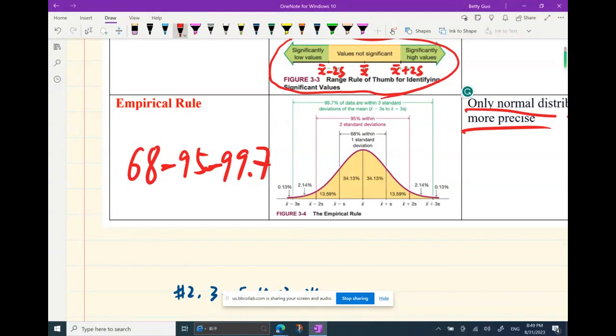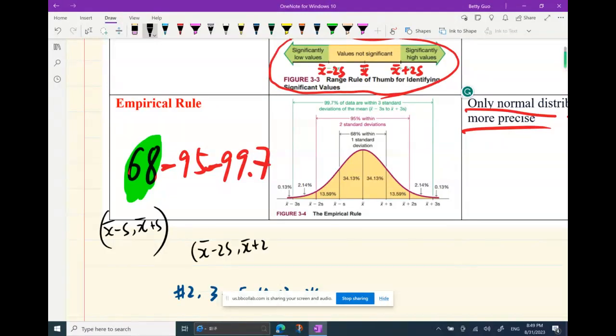The empirical rule tells us if we have a data set that is normally distributed or roughly normally distributed, approximately 68% of the values fall within 1 standard deviation of the center. So from x bar minus s to x bar plus s, we have 68% of values. And around 95% fall between x bar minus 2s and x bar plus 2s.